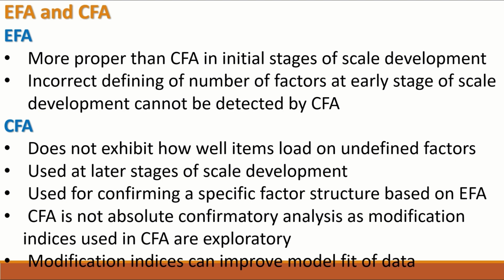Though there are certain differences between the two methods, again, EFA is an early stage, CFA is a later stage. EFA can be performed without any knowledge or hypothesis or information about the structure, the number of the factors, and the number of items linked to specific factors.